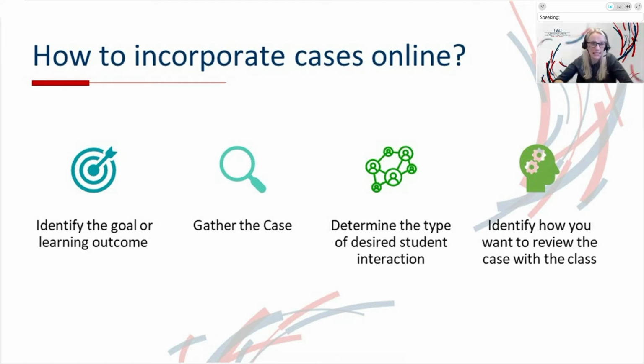Then we have to gather the case, and we'll talk about some ways to gather that case, because building a case is time consuming. I know that, but we'll talk about some ways to do that. Determine the type of desired student interaction, and I thought this is probably the most important for the online setting, because in a face-to-face class, people come to the physical classroom and they can separate into mini groups, or you can have them sit on opposite sides of the classroom and have a dialogue.